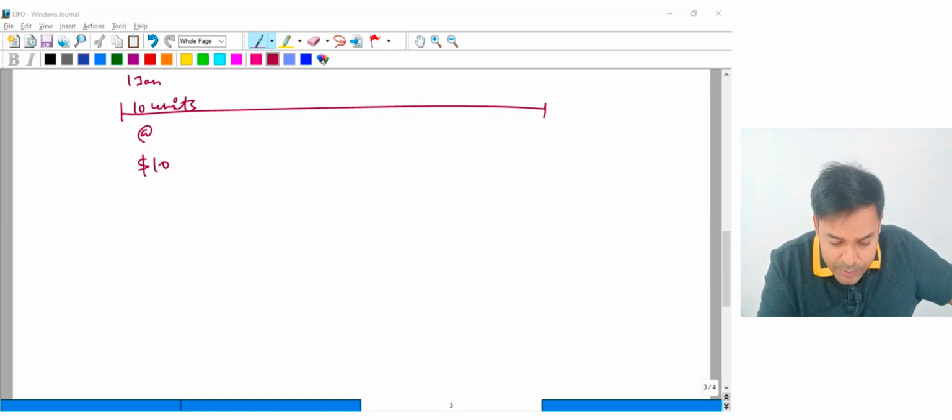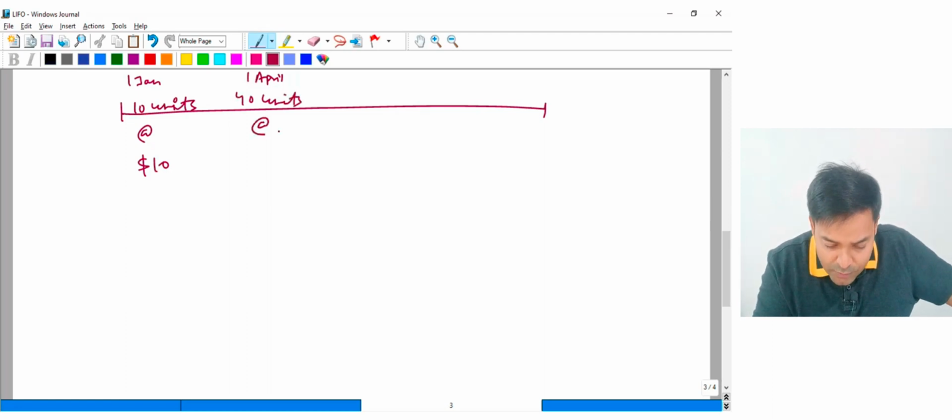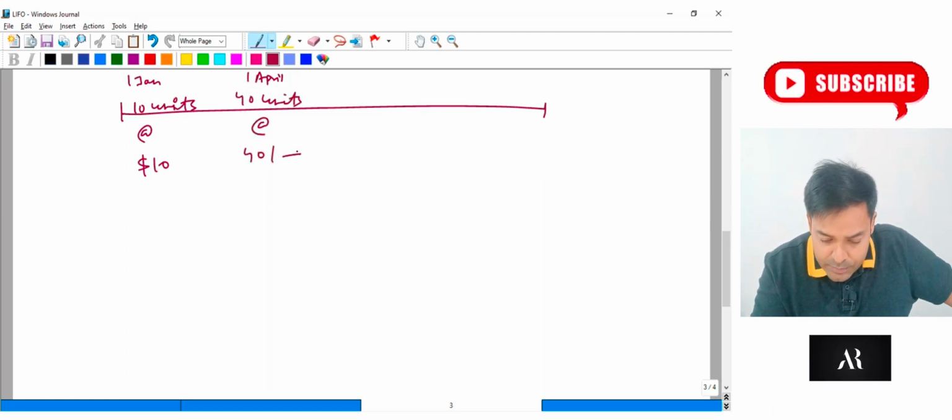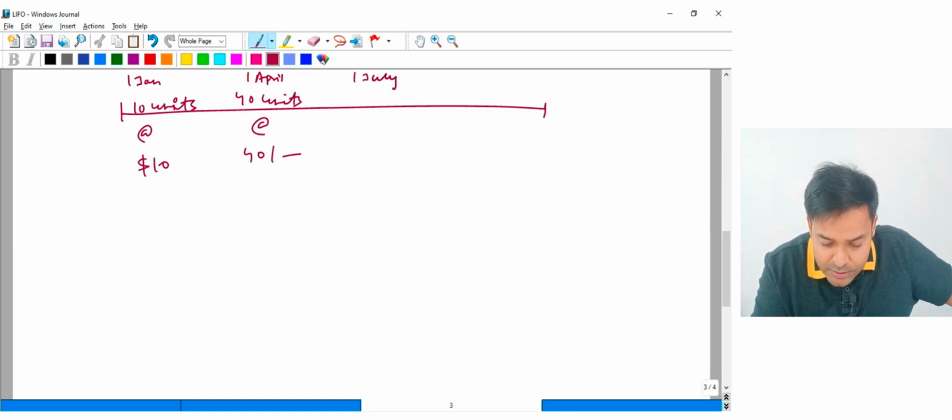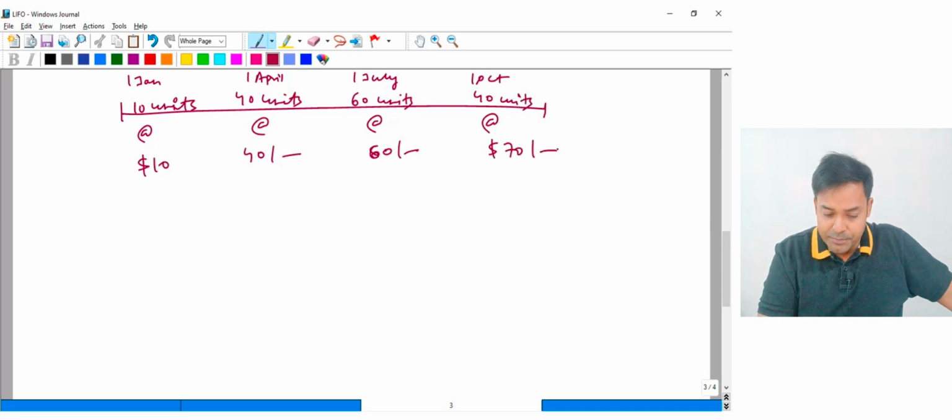On 1st of April you purchased 40 units at $40 per unit. Then on 1st of July 60 units at $60 per unit. Lastly, on 1st of October you purchase 40 units at $70 per unit.